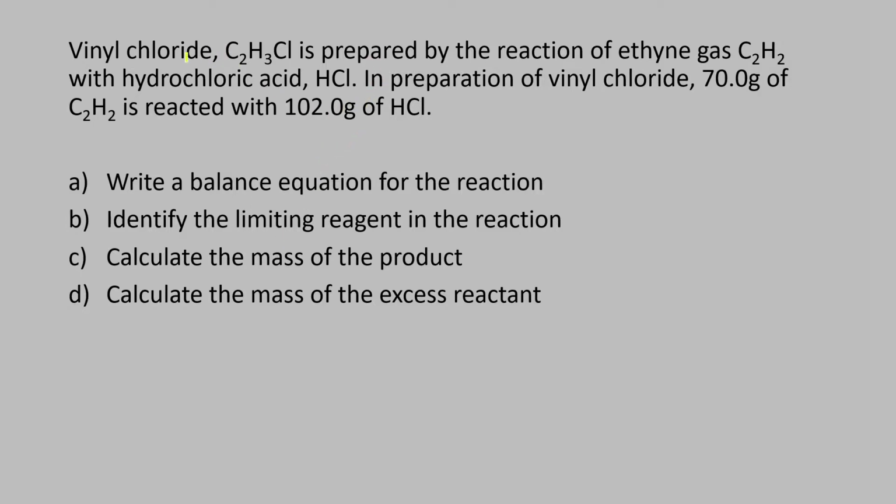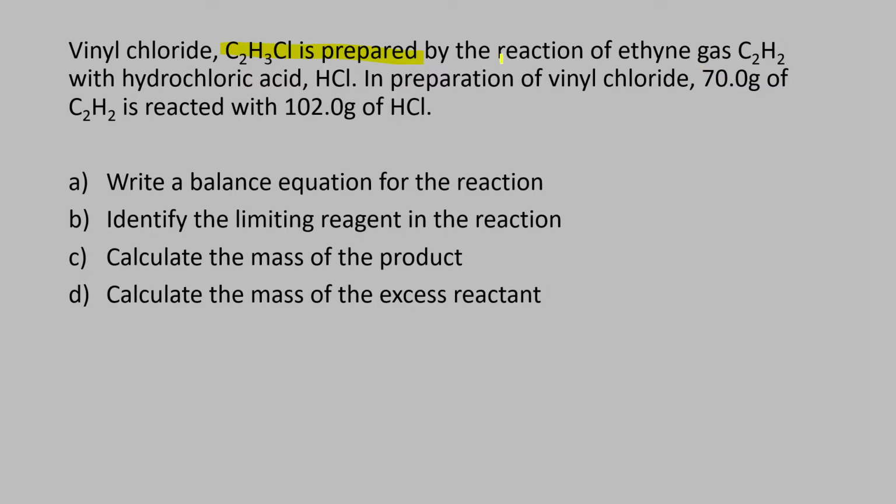So the question said vinyl chloride is prepared by the reaction. When it says is prepared, it means this is the product. It has been prepared by the reaction of ethene gas, C2H2, with hydrochloric acid.